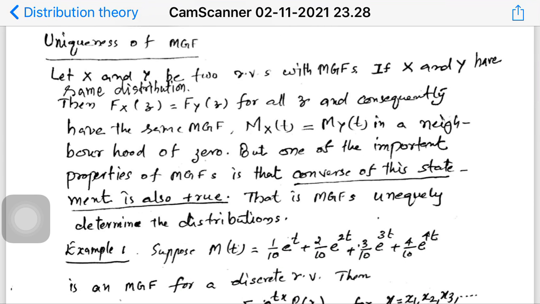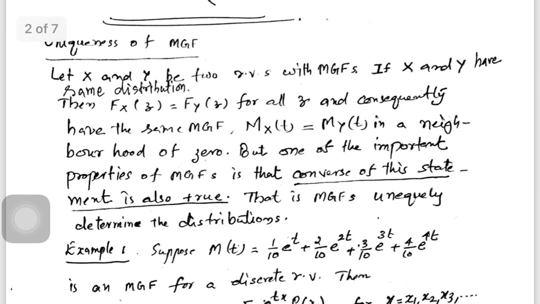And now we have to discuss a very important usage of MGF, a very important property of MGF. The property is that, suppose you have two random variables x and y. If x and y have the same distribution, you know that the cumulative distribution functions F_x and F_y are also the same for all arguments.